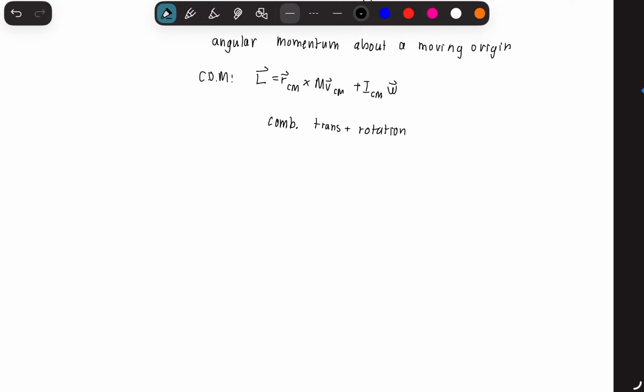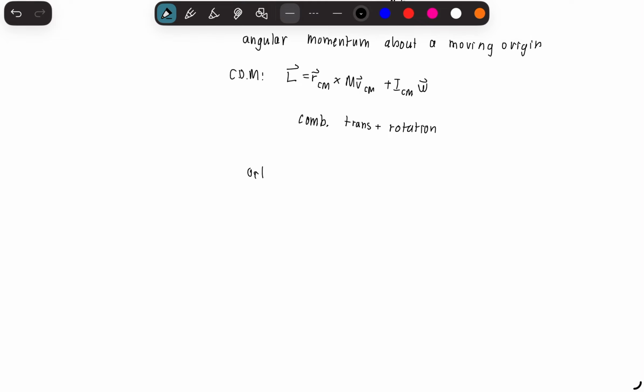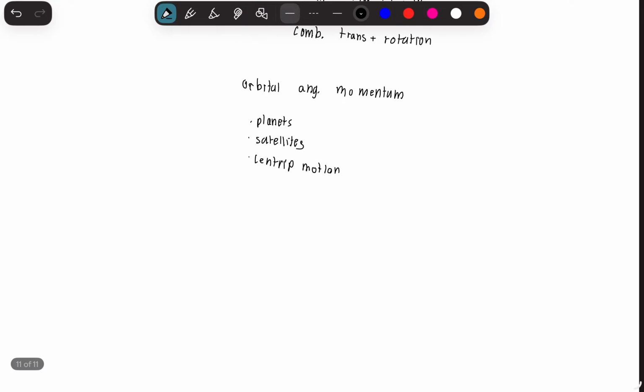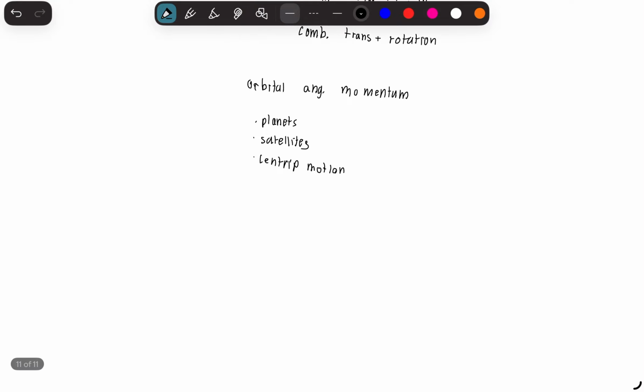What about when we have orbital angular momentum? Well, this is when we have planets and satellites, and also centripetal motion, which is when the force points into the center of the circle and keeps it moving in a circle. So you have L equals mvr.